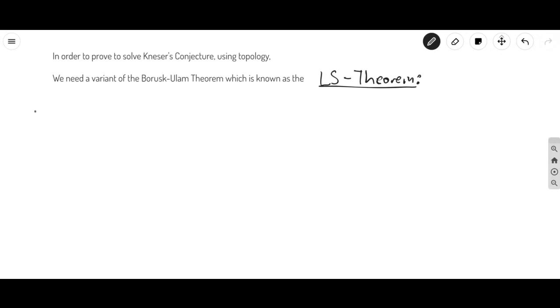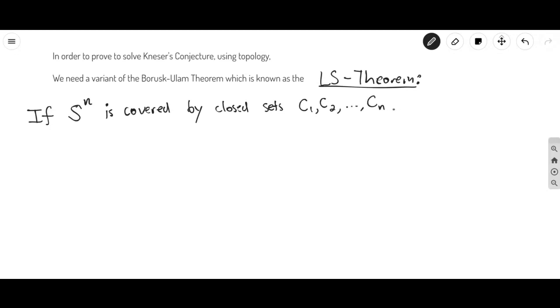It says that if Sn, the n-dimensional sphere, is covered by, let's say, closed sets, let's call these closed sets C1, C2, up to Cn, and we need one more, Cn plus 1. What does it mean to be covered? It just means that Sn is a union of these closed subsets.